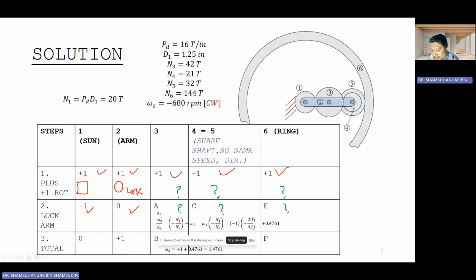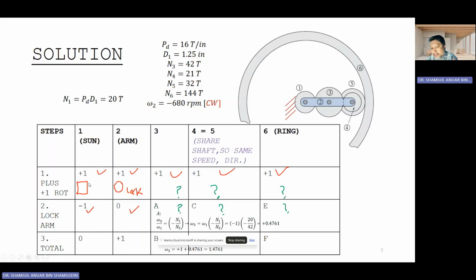Here we want to find, for gear 3, which is the first planet, omega-3 in the second step. So it's not the ultimate omega-3, but omega-3 for the second step, and that is related to this one, because this is another non-zero. This will be the input for the second step.